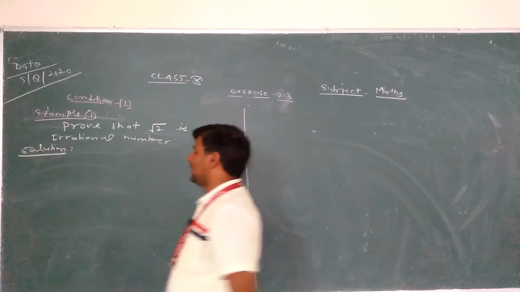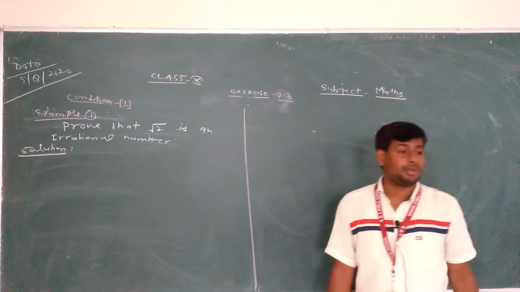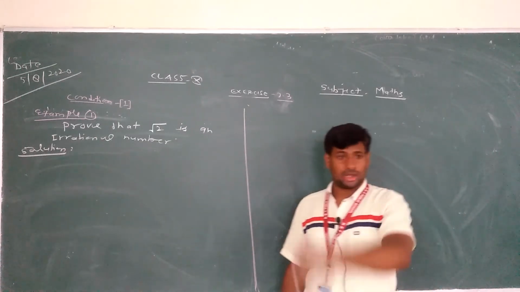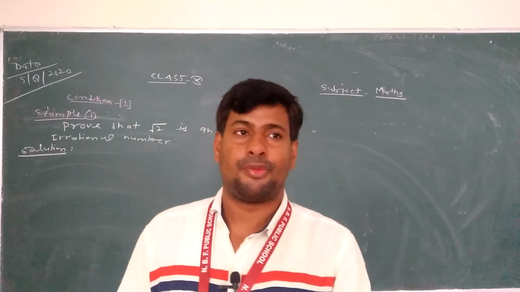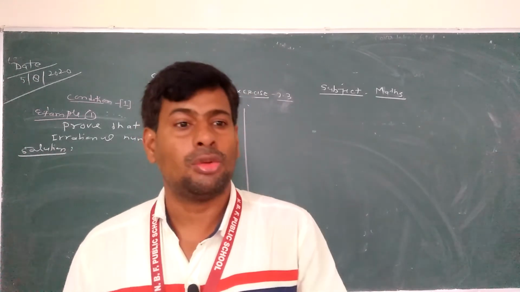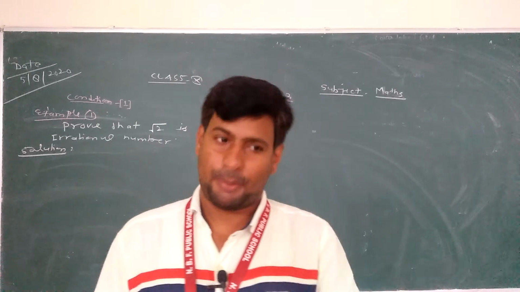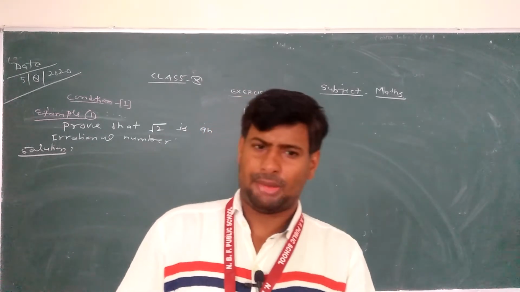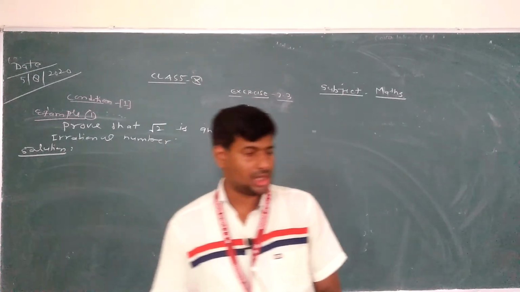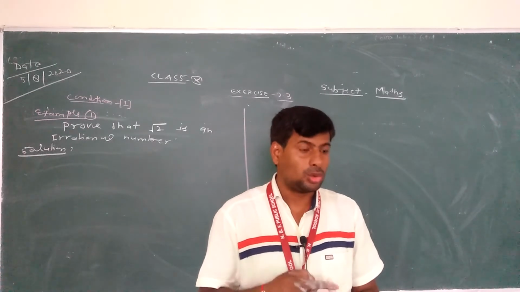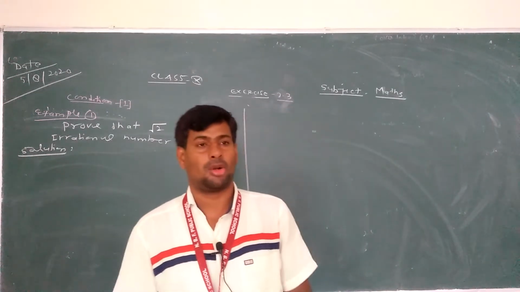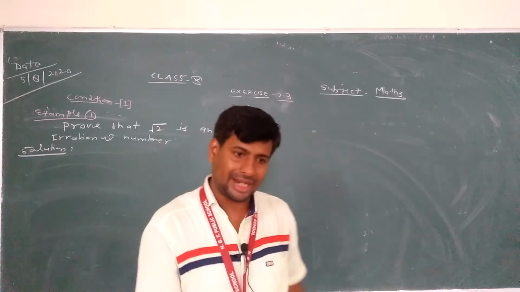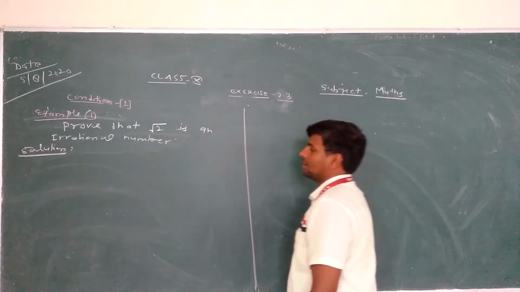All of you know that initially we assume that the given number is rational, and every rational number can be represented in the form of P by Q, where P and Q are co-prime numbers. What is the sense of co-prime numbers? Co-prime numbers means those numbers whose only common factor is 1. That is co-prime numbers. Then solution.